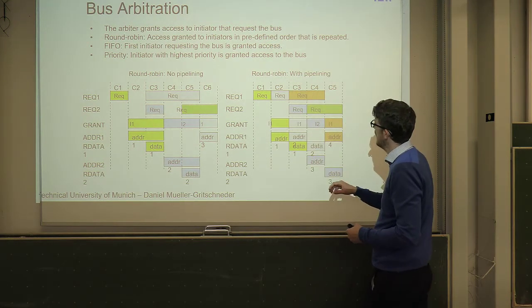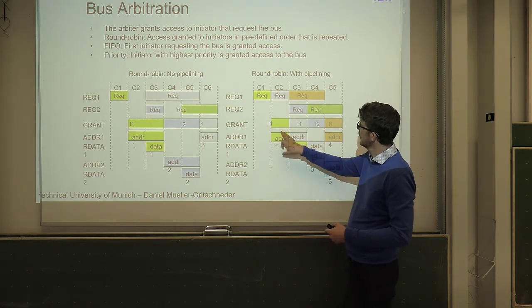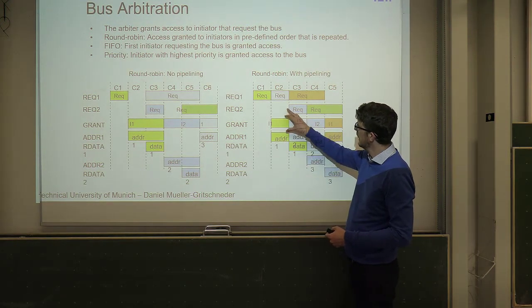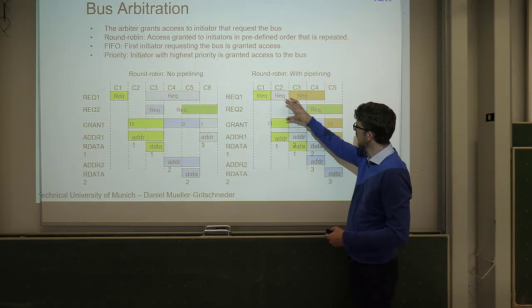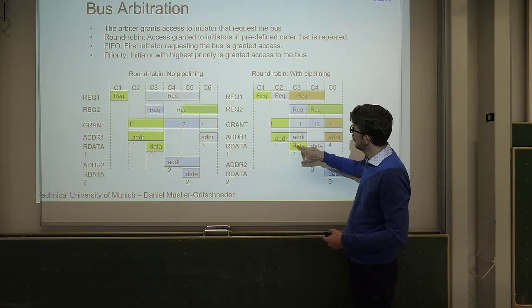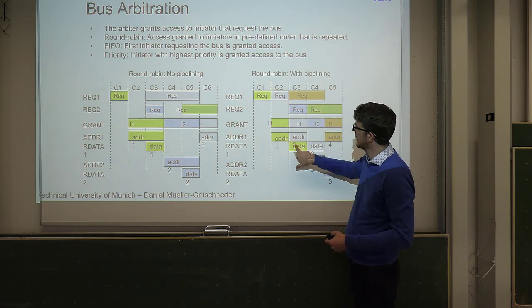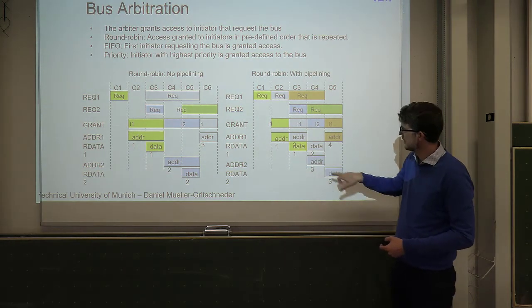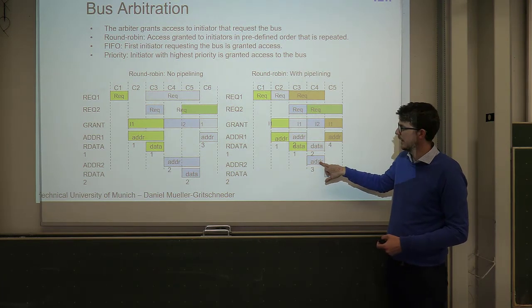So you have to wait until the data was transmitted before you can put the next address. If you have pipelining, then of course what you can do is, when initiator 1 did its request, it puts the address. Then initiator 2 can already get the grant and put the address when the data is coming back from initiator 1, right? So there's this interleaving again of accesses which you have seen for the pipelining.